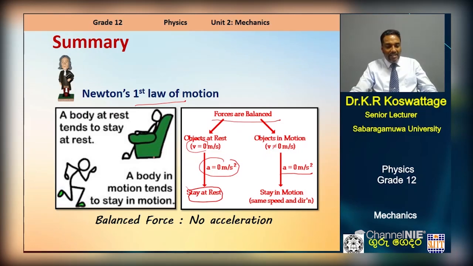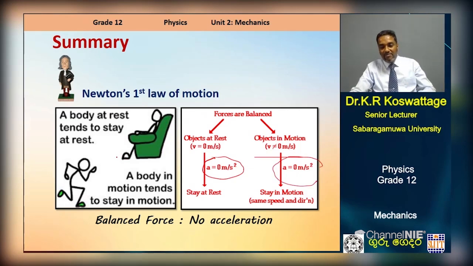So the idea here is: balanced force, no acceleration. Stay at rest, or stay in motion with a constant velocity. This is just what we have learned so far. Here's a situation where balanced force means no acceleration.